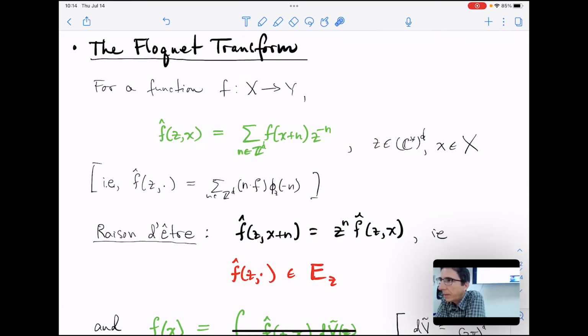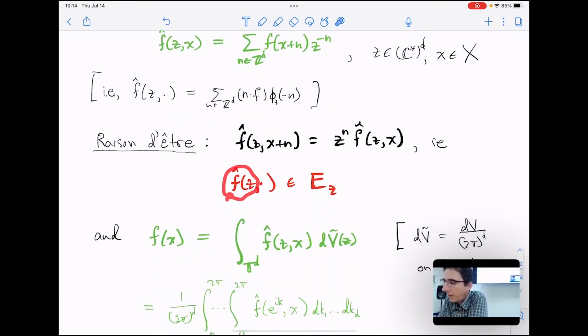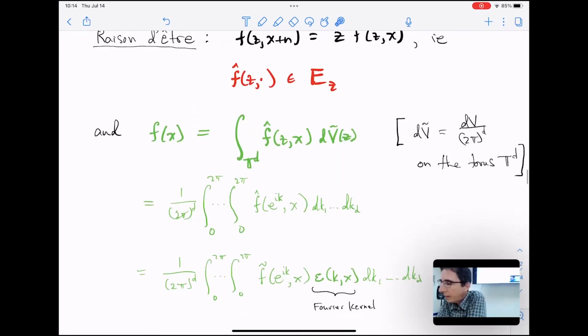Okay, so you actually, in a way, are projecting onto eigenspaces. All right. See, the f hat of z as a function of x is in E_z for fixed z. It's in that eigenspace of the shift. And now here, this is Fourier inversion.